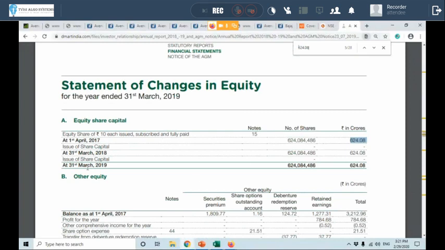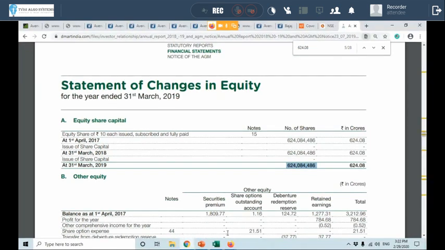See this number of shares, 624084, whatever it is. 624 crore, you need tens, 100,000, 10 lakh, 10 lakh crore. That is rupees, and this is the number of shares.